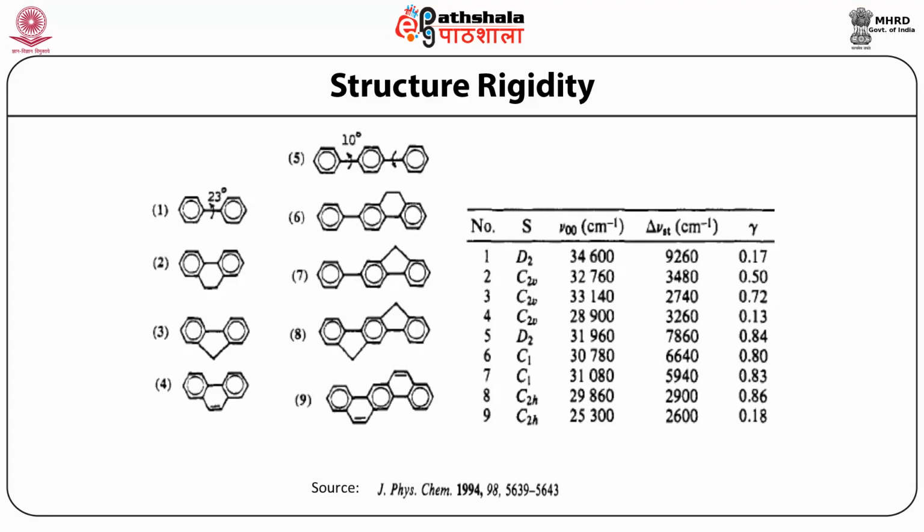So here is an example of planarity and rigidity of molecules and their fluorescence. We can see compound number 1 has a quantum yield of 0.17, and as you increase the rigidity, the quantum yield increases. Similarly, from compound number 5, where the quantum yield is 0.8, as the rigidity increases, the fluorescence of the compound increases.